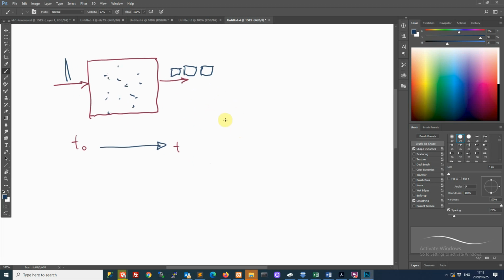And we can talk about the volume of the space and I of theta. So we know the fraction left over in the reactor is I of theta delta theta, right? By definition of that distribution function. This is the fraction of fluid elements in age theta to theta plus delta theta in the reactor, right? So if we multiply that by V, then that's the total volume of fluid elements of that age range in the reactor.